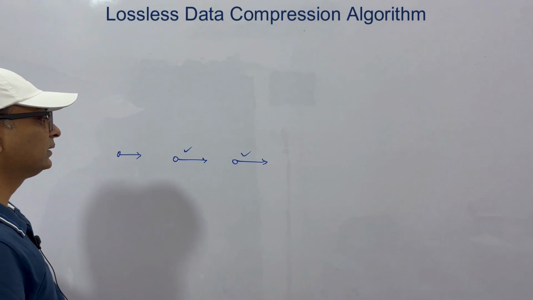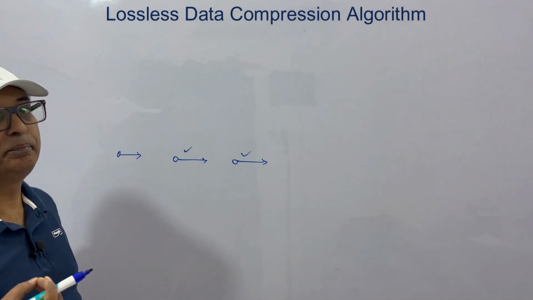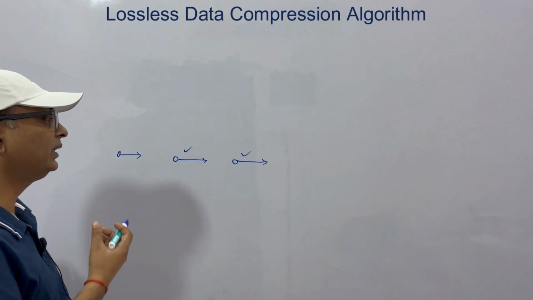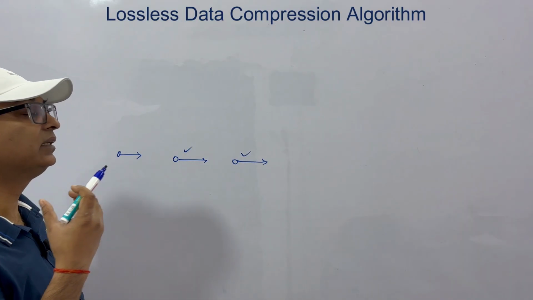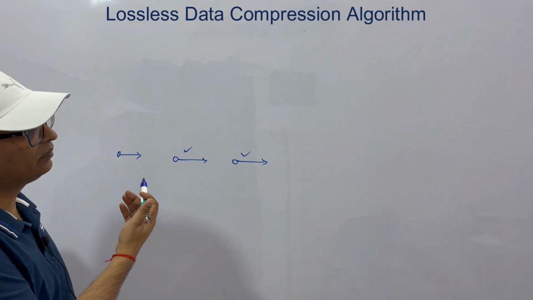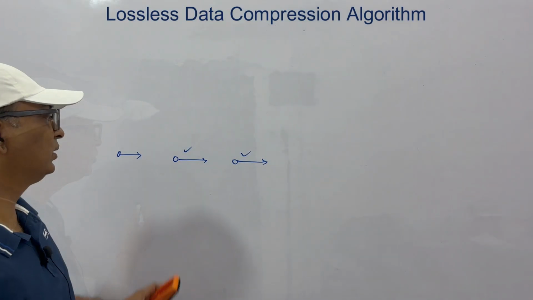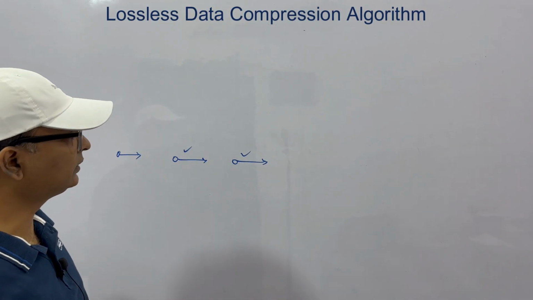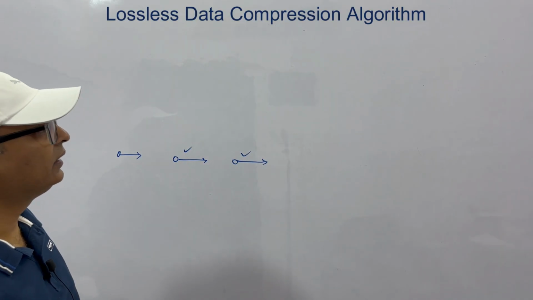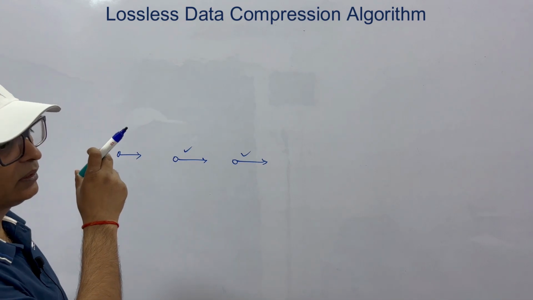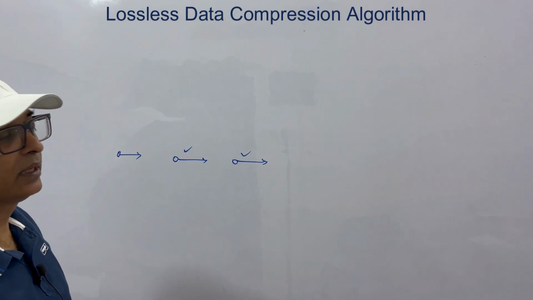So we have redundant bits or redundant symbols in what we get from the source. Removal of this redundant data is the objective of this algorithm, that is lossless data compression algorithm.